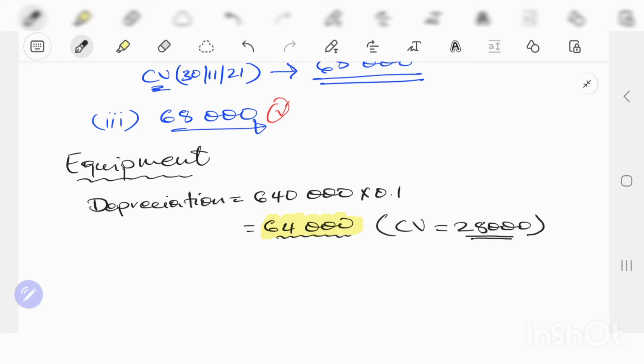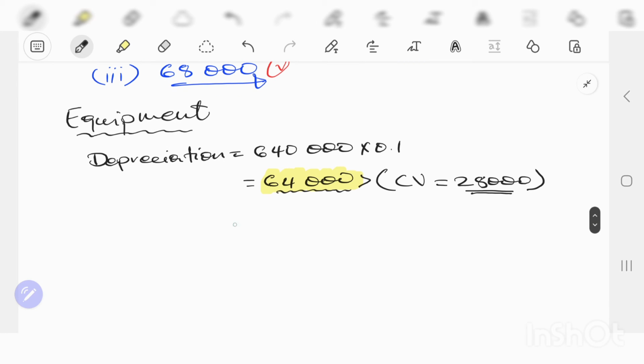So that means that because we see that 64 is greater than 28,000, which is the carrying value, what we do, we use the method of having a carrying value of 1 rand. So the depreciation for this year is going to be limited to the carrying value.